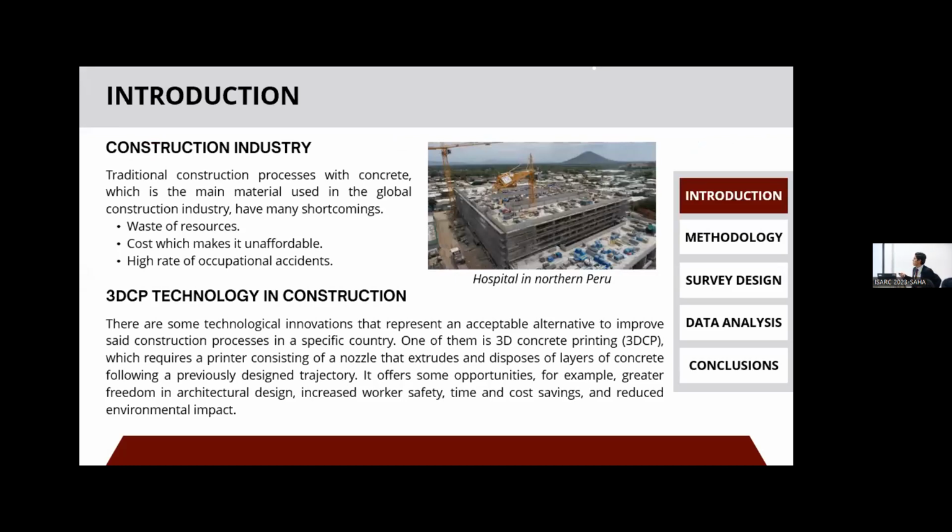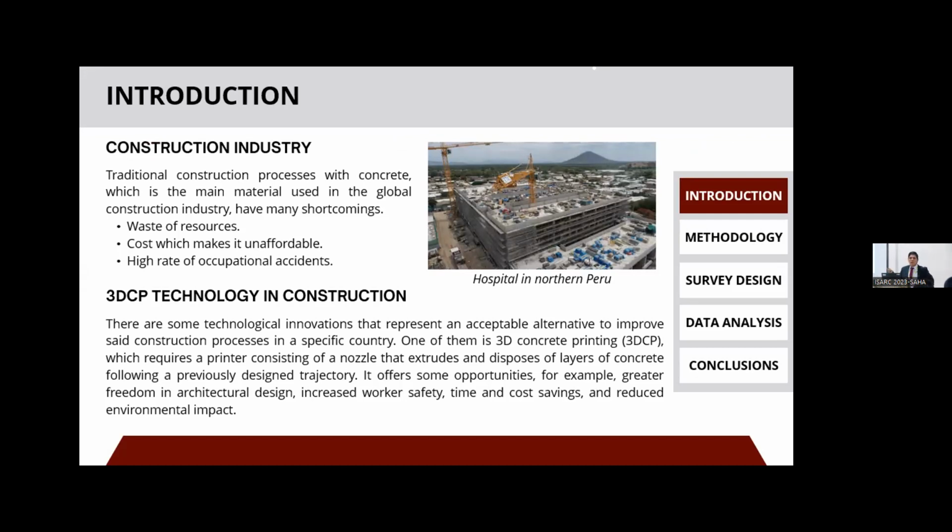As I mentioned, traditional construction processes have many shortcomings. One is the waste of resources. In Peru, if you want to have a house, it's so expensive for Peruvian people, and we also have a high rate of occupational accidents.